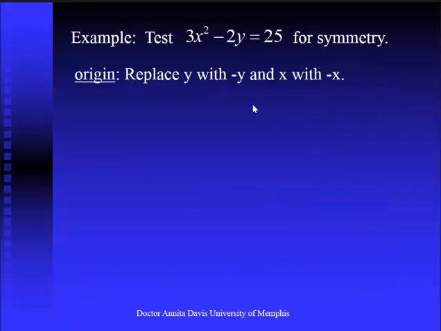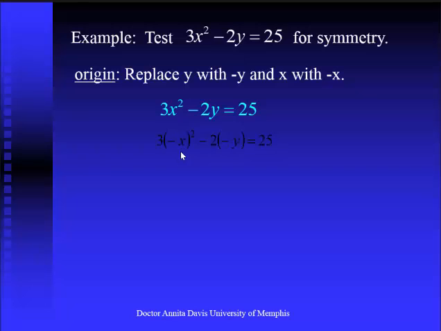Next, we're going to test the same equation for symmetry about the origin by replacing y with negative y and replacing x with negative x. 3x squared minus 2y equals 25. In place of x, we put in negative x and its quantity squared. In place of y, we put in negative y.